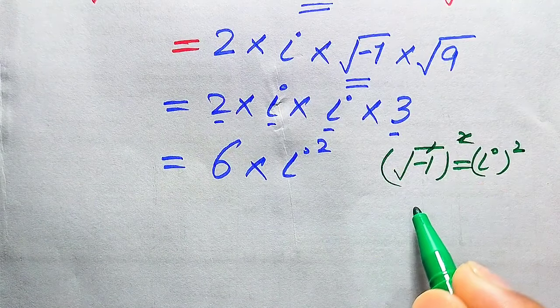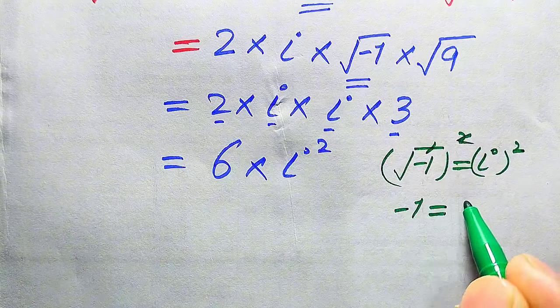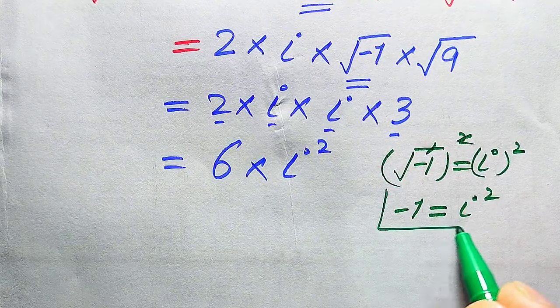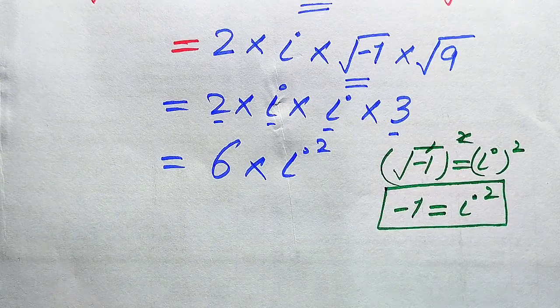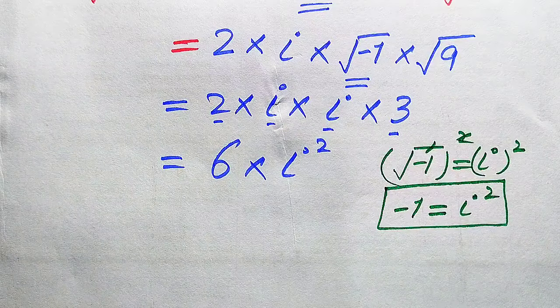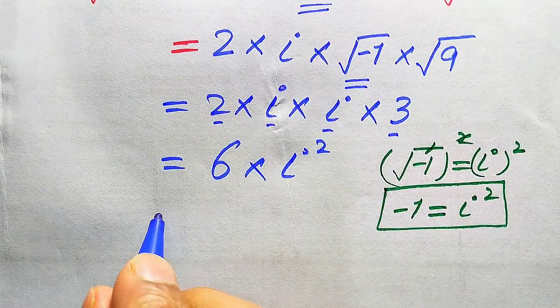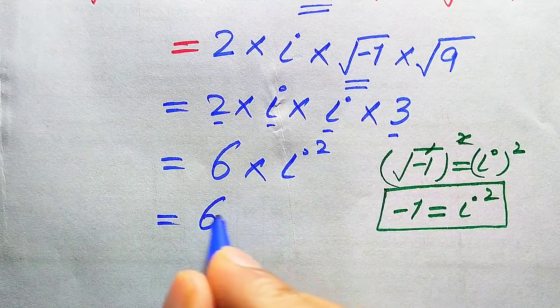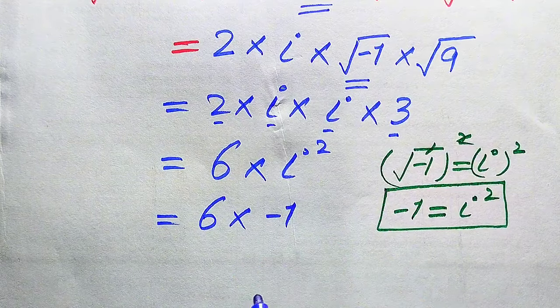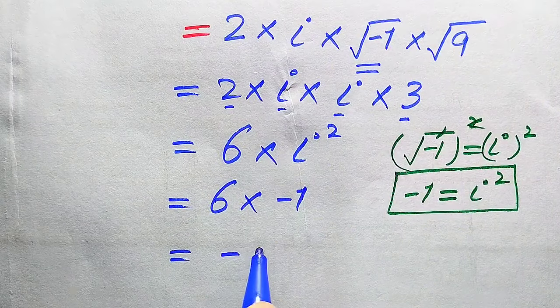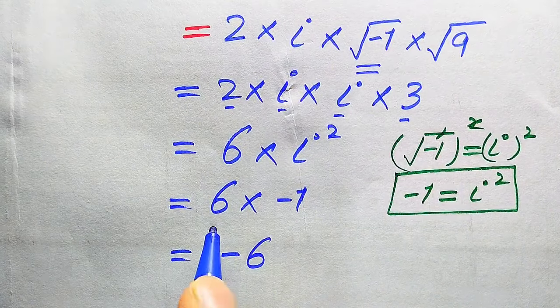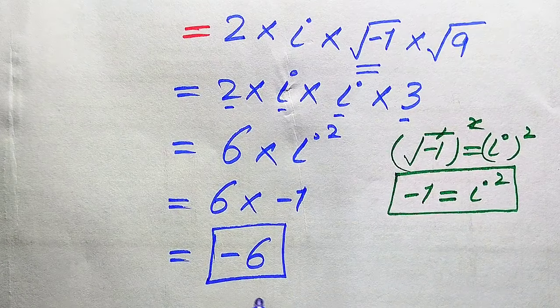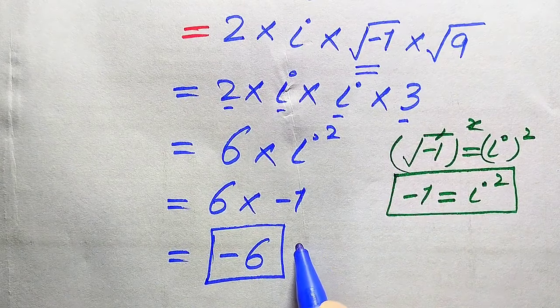So the square and square root are gone, and we get minus 1 equals iota square. This means that the value of iota square is equal to minus 1. We substitute this value here, and it is written as 6 multiplied by minus 1. So finally the value of our given algebraic expression is equal to minus 6.